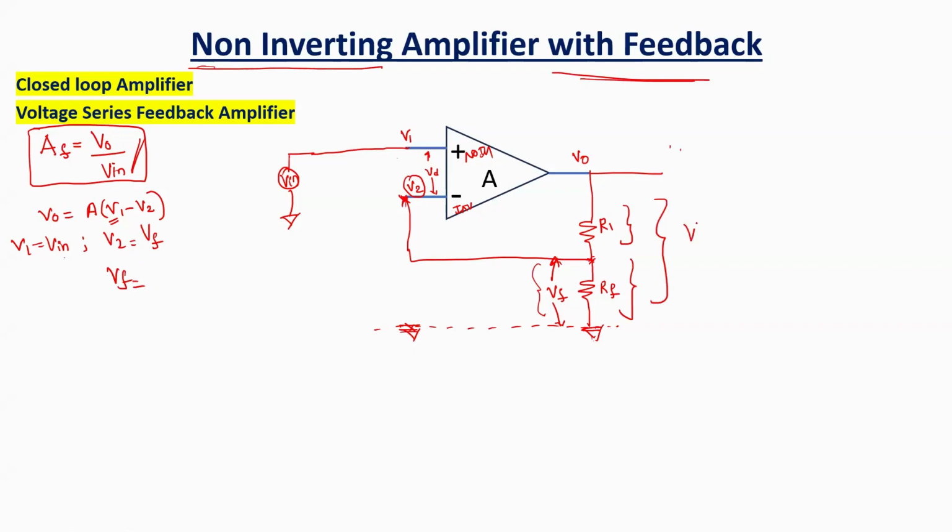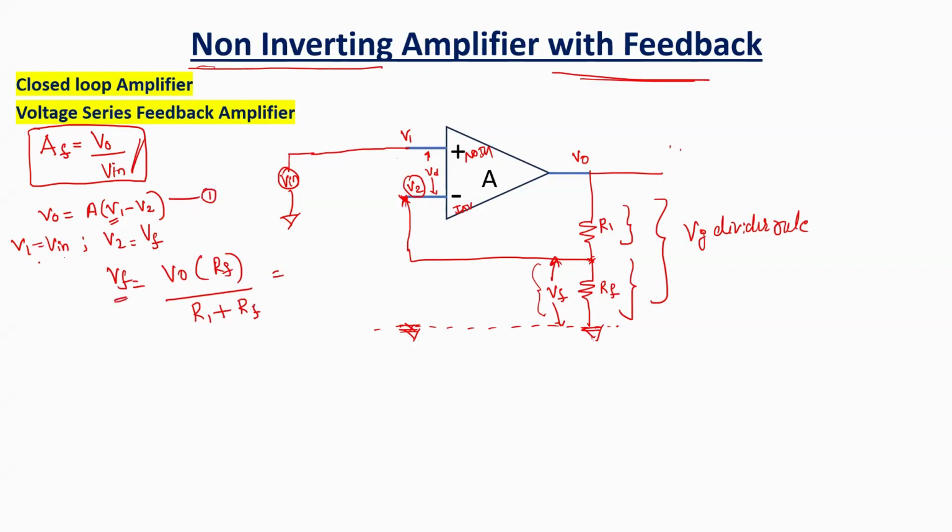Use the voltage divider rule. Go check out my previous videos about the voltage divider rule. It is a small portion of the V naught dropping across RF, counted across the total resistors. Okay, this is equation 1.